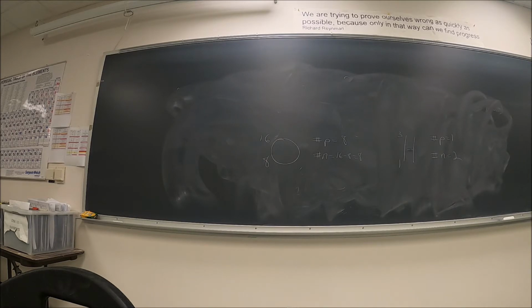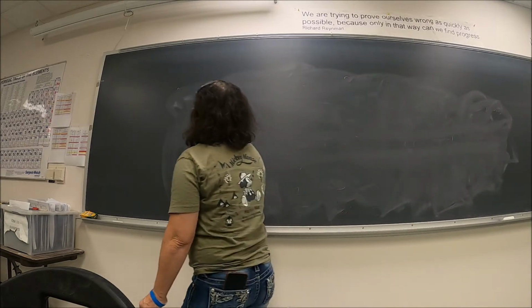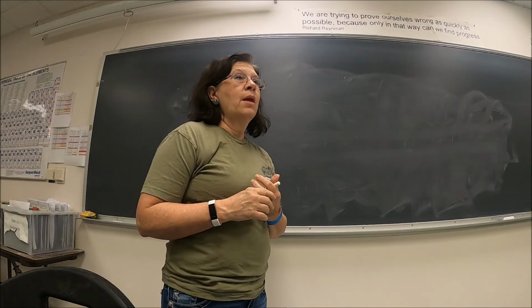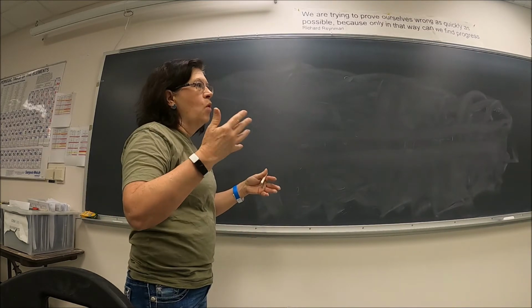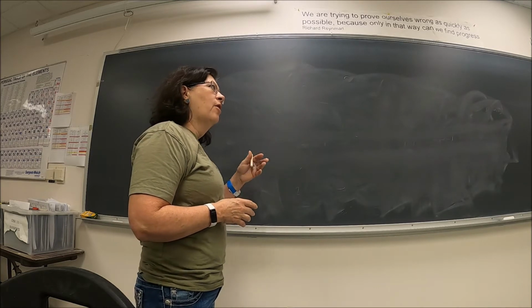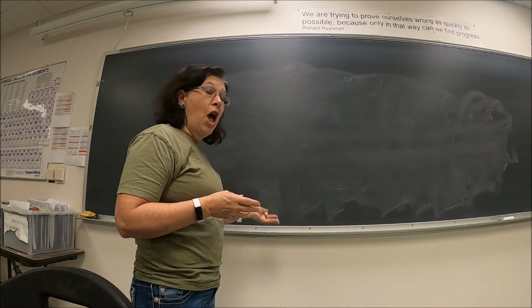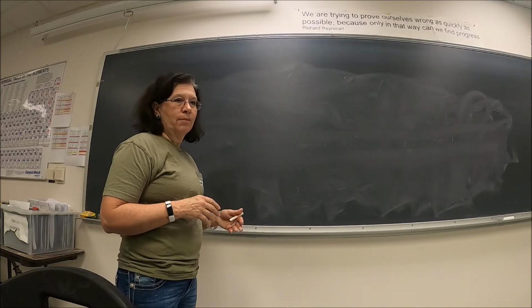Now, if we look at a sample of an element, let's say of carbon, the isotopes are not equally portioned. There's usually predominantly one isotope that's more common than the others. So we talk about their percent abundance.